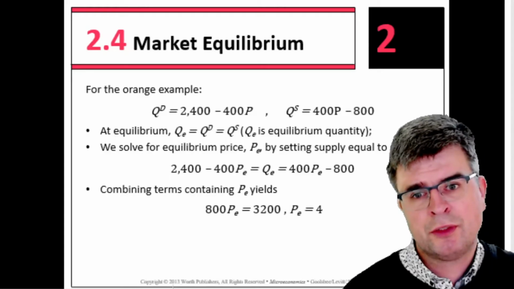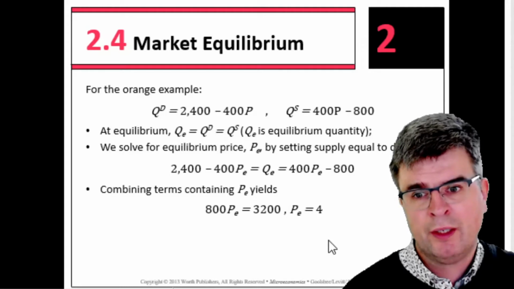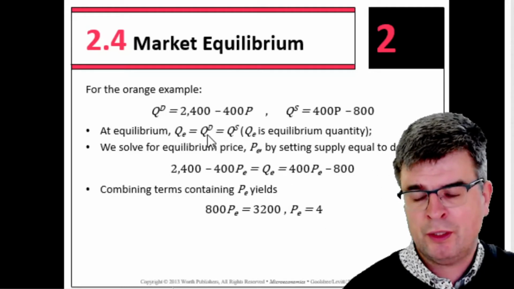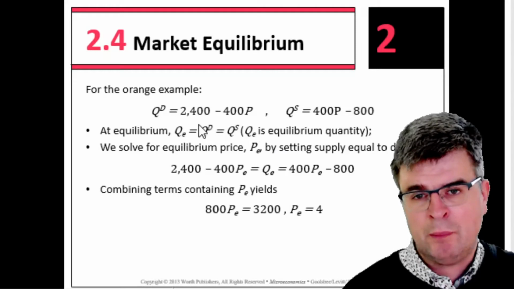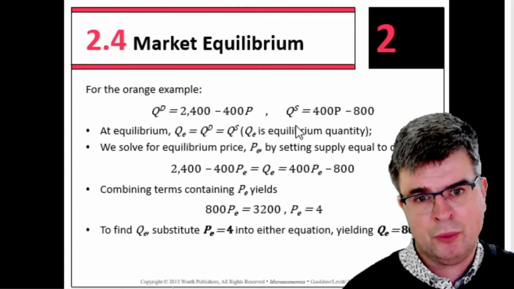And it's always good to check by plugging in the equilibrium price of 4 into one of the two equations above, and if you do so, then you will find that in both cases the equilibrium quantity is equal to 800.